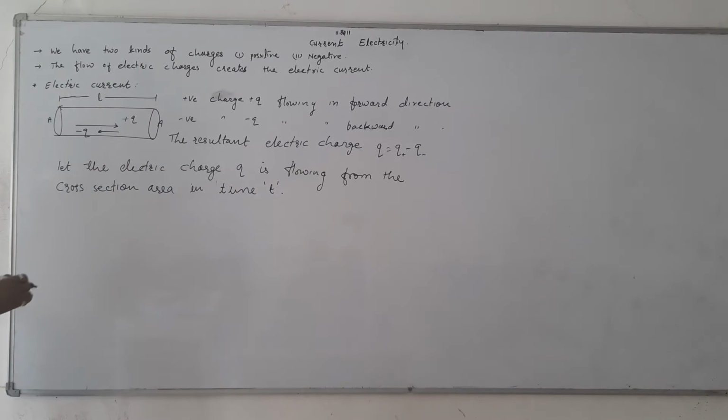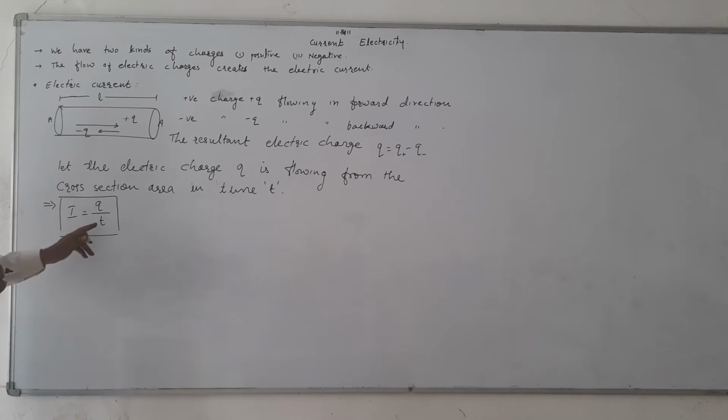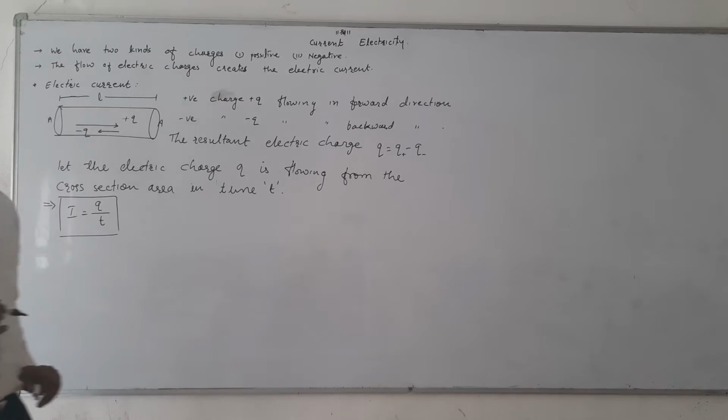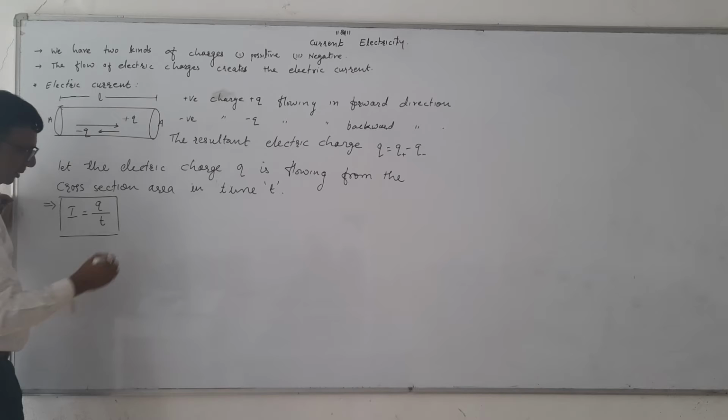So the electric current I is equal to Q upon t. This is the formula.